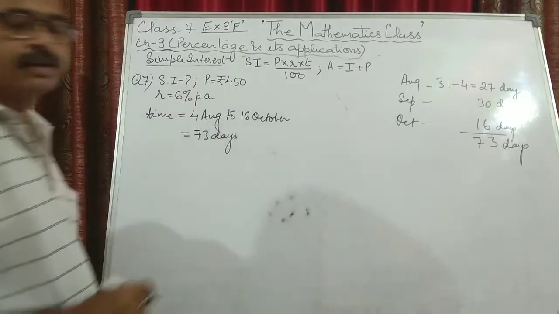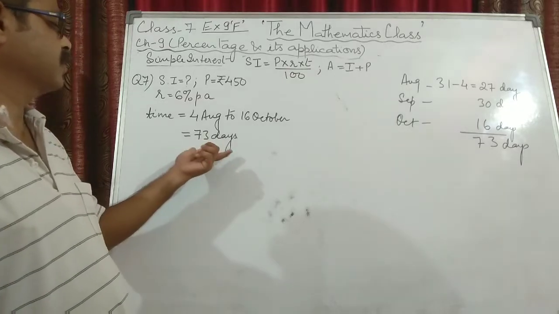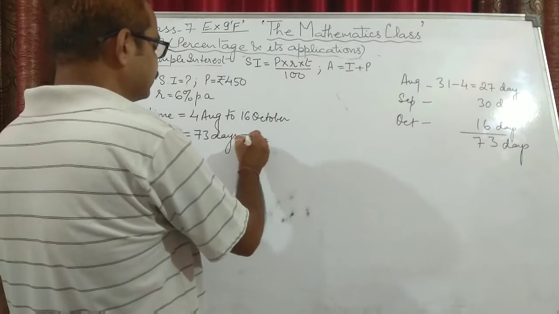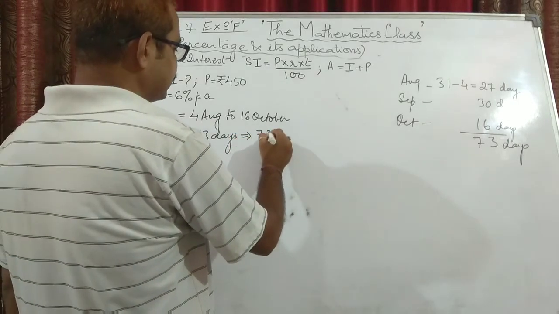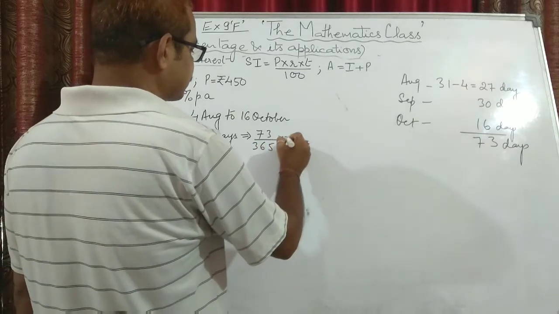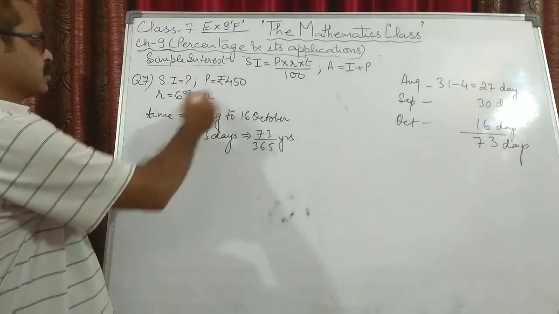Now we know that time is always calculated in years. So to convert it into year, we will divide it by 365. 73 divided by 365. Now it has changed to years. Now we have been given principal, rate and time.